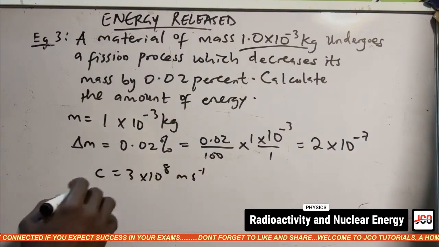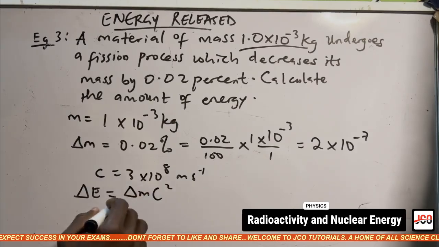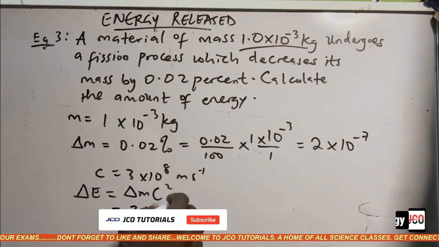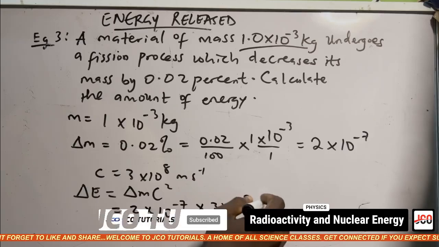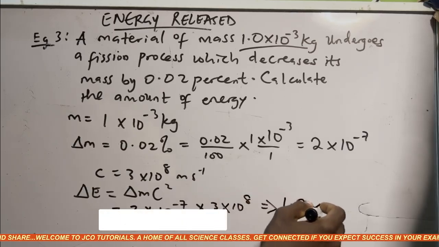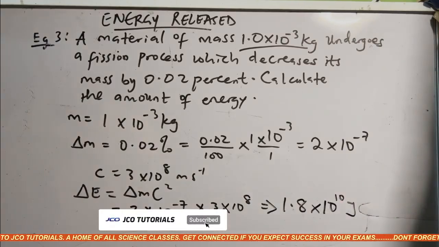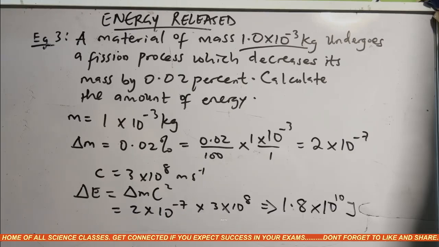So if you're going to find the energy released, it's going to be change in m times c squared. That's 2 times 10 raised to power minus 7 times 3 times 10 raised to power 8, squared. That gives us a wonderful answer, 1.8 times 10 raised to power 10 joules.